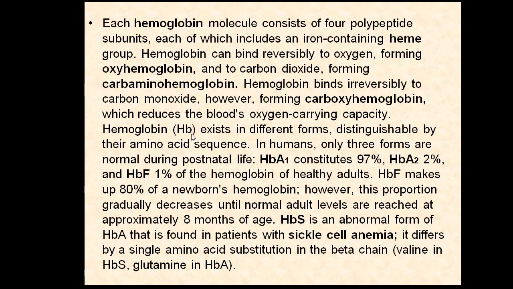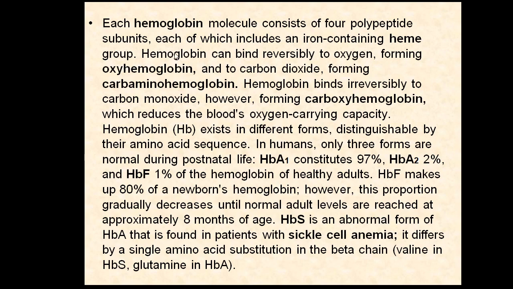We call it a red pigment, which gives the red color to erythrocytes and, totally, to the color of our blood. This protein has 4 globular proteins which bind to one another, and each globular protein has a heme group. It is iron, ferrum. In the Department of Biochemistry, we'll study in detail.